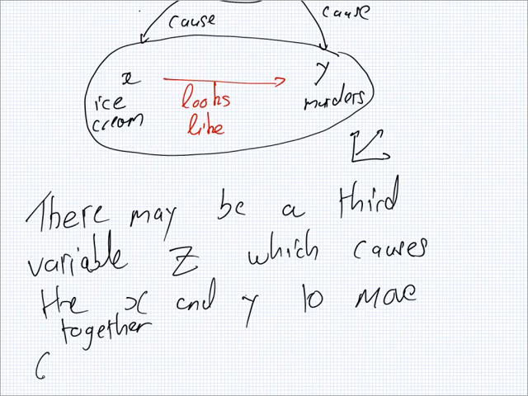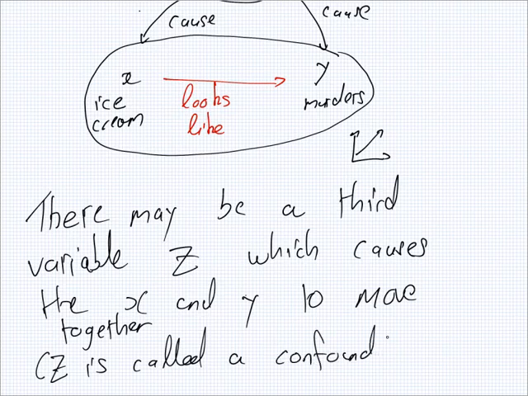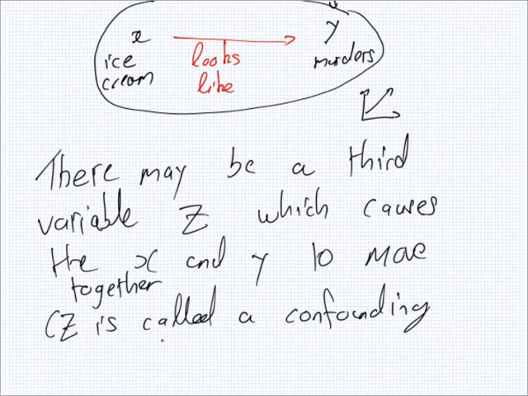Does anyone know the name of z? Z is called a... No, I don't even know if I said it. Confounding variable.